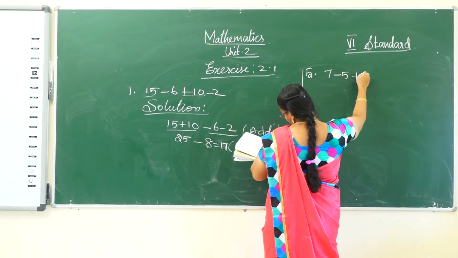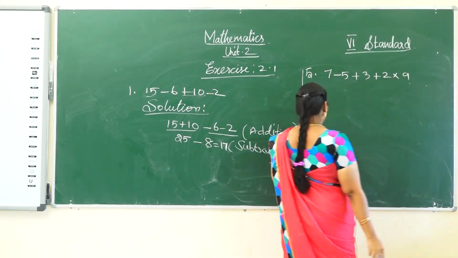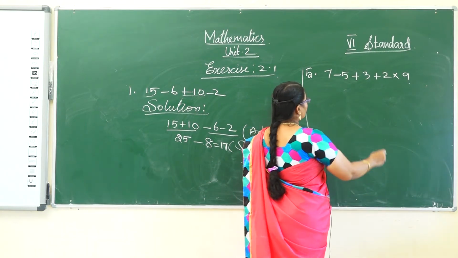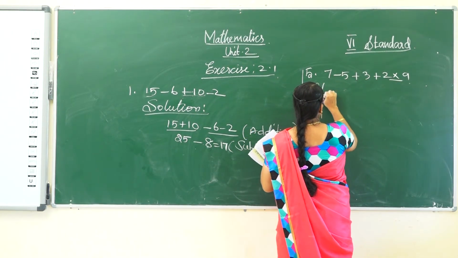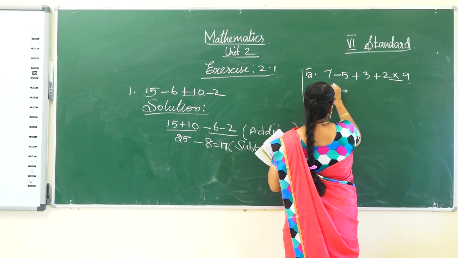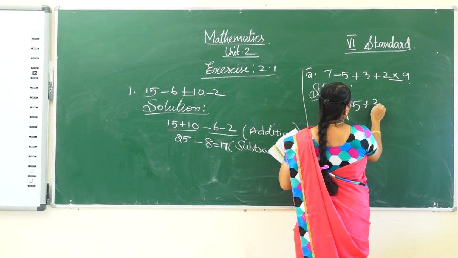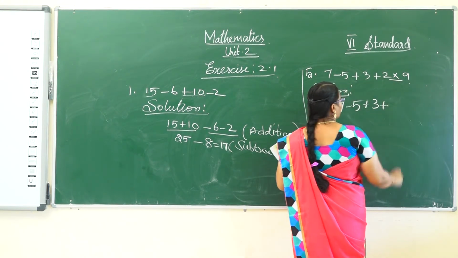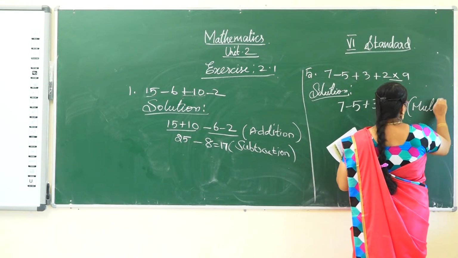Now do the fifth problem: 7 minus 5 plus 3 plus 2 into 9. Here three operations are used. So first preference to multiplication: 2 nines are 18.